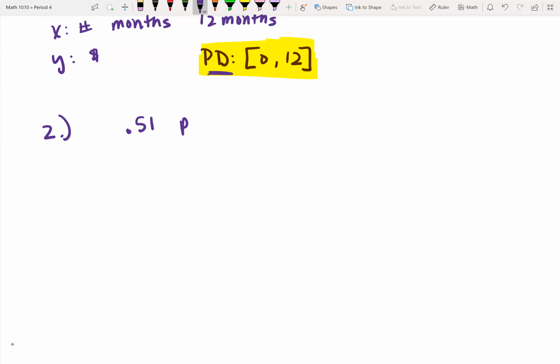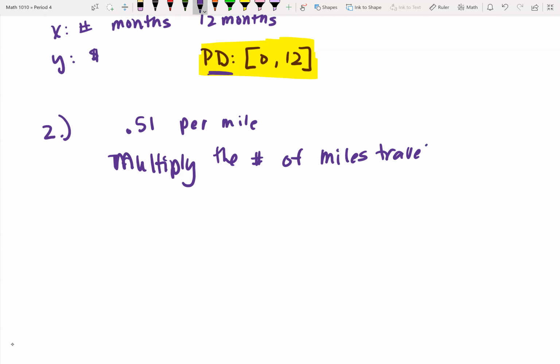So the answer is you take, I'm going to say multiply the number of miles traveled by 0.51. That's it. Okay, and that gives you the total amount of reimbursement.